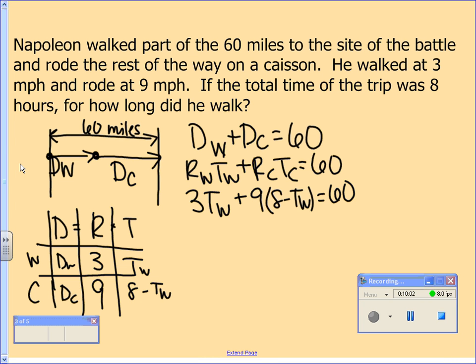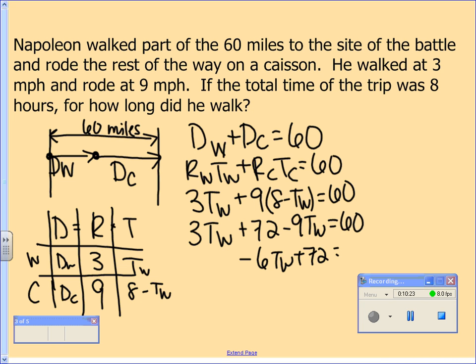Any other questions getting to here? Okay, so you're going to distribute here like that. So you get negative 6 TW plus 72 equals 60.